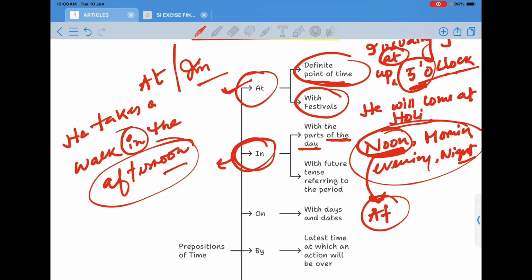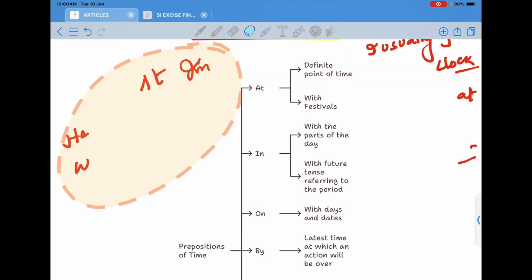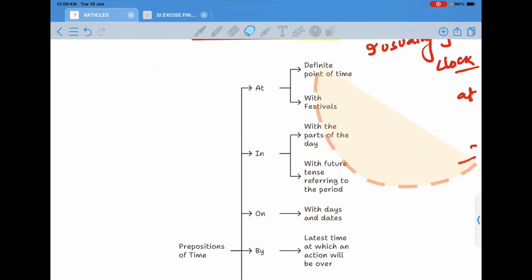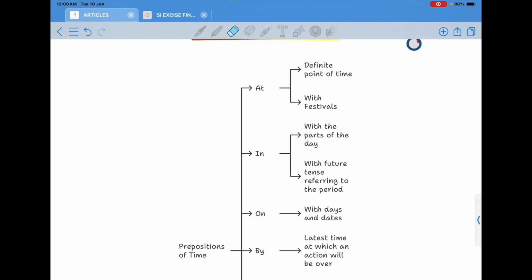Next, in with future tense referring to the period. Now what does it mean? In the future tense referring to the period in which action may take place.